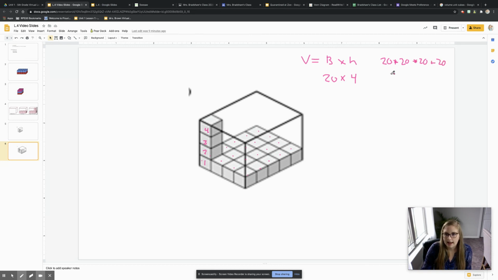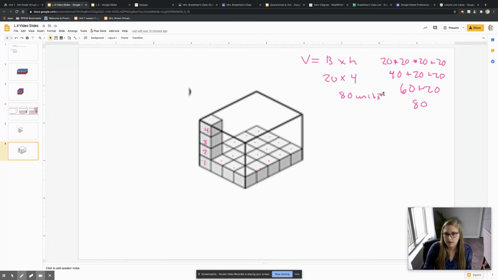So I can add that and I get 40 plus 20 plus 20. Then I get 60 plus 20 and I get 80. So I know 20 times 4 is 80 units cubed.